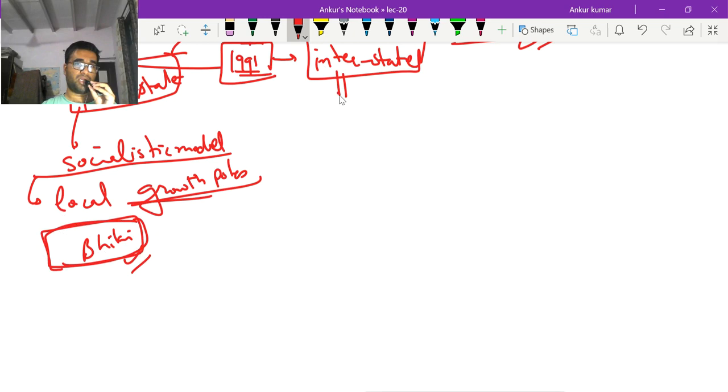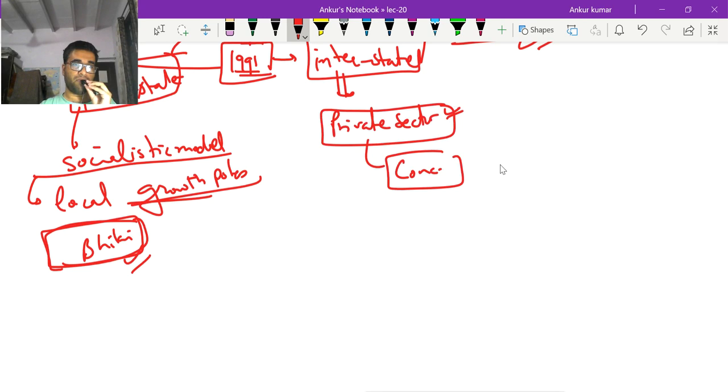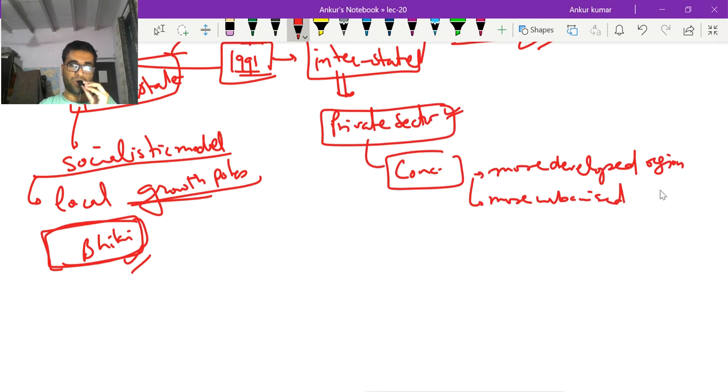But what happened after 1991? The role of the private sector increased. And the private sector is motivated by profit, not by socialistic motives. So this led to the concentration of employment in more developed regions. Number one. Number two, in the regions which are more urbanized.